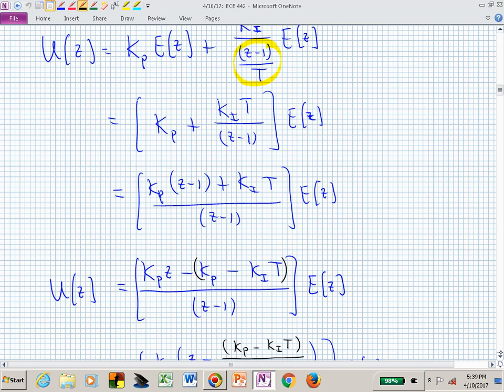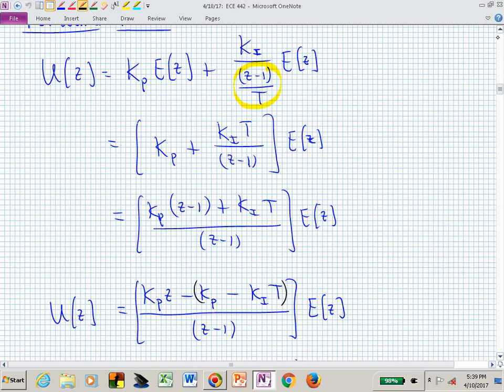If we do just a little bit more algebra on the numerator, once I had the common denominator, I now have a term that's linear in Z, and I have some constant terms. And all I'm doing now is combining the constant terms in that bottom row expression.